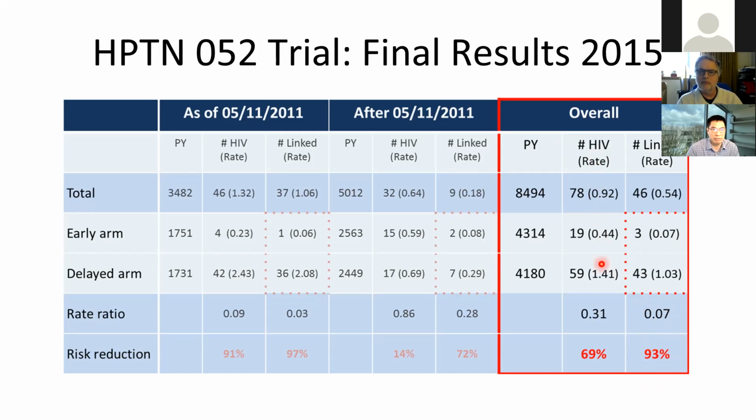The overall HIV infection efficacy, regardless of linked or not, is 69%. So it is still very striking in terms of risk reduction for immediate therapy, and it looks like it is durable to some degree in the trial setting.